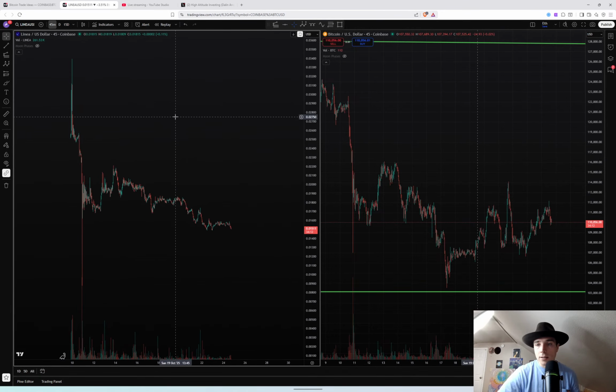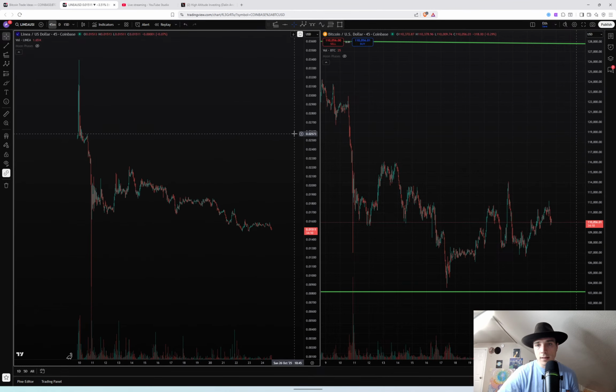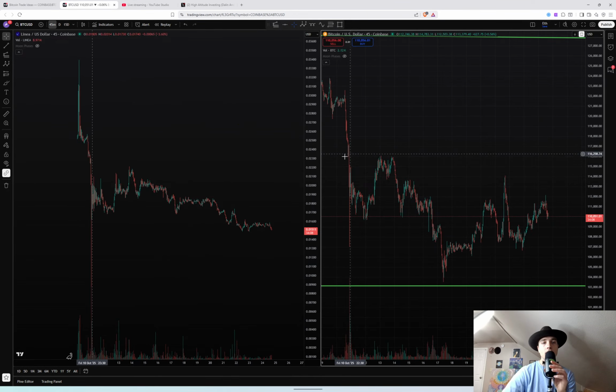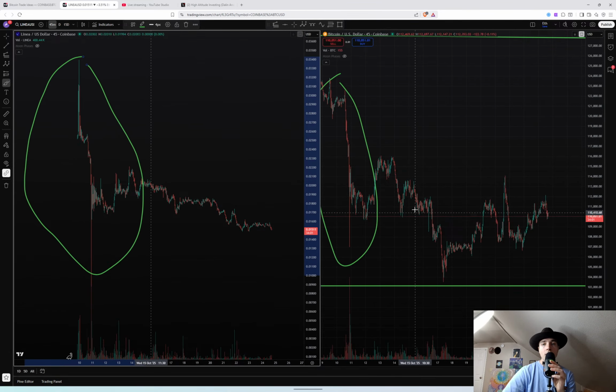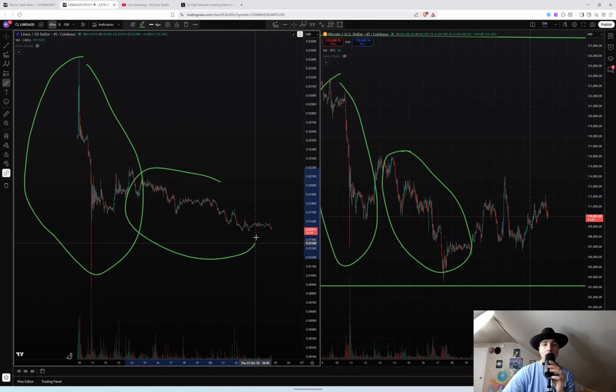If we're just lining these charts up, it's pretty much following Bitcoin. Bitcoin had a big crash right here, Linea had a big crash. Bitcoin had another crash here, Linea had another crash. It's basically following Bitcoin.